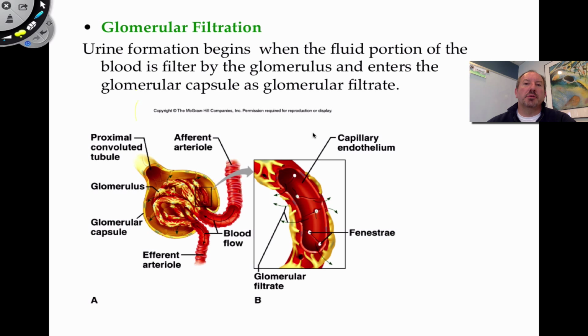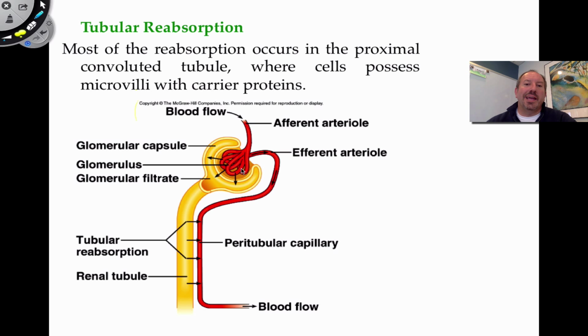And so fluid is filtering out into the proximal convoluted tubule, and then the filtrate must be reabsorbed into the bloodstream. Again, just to repeat, it's because some of the things in the filtrate we don't want to urinate out. You do not want to urinate glucose, for example. So it's all about reabsorption.